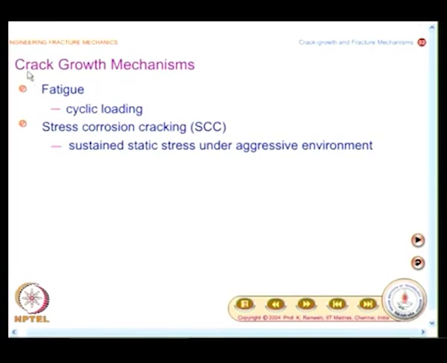That is what you have to keep in mind. Crack can also grow by stress corrosion cracking, which is abbreviated as SCC. What happens in this? You do not have an alternating stress, but you have a sustained static stress, but the specimen as a whole is under aggressive environment. So, it is a combination of aggressive environment and sustained static stress that leads to stress corrosion cracking.